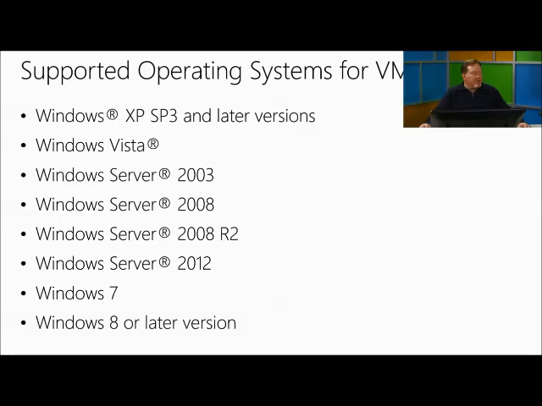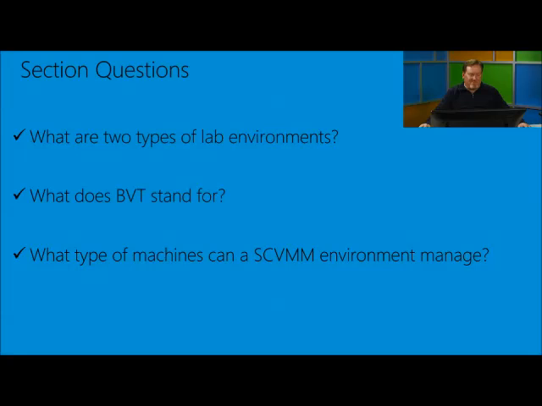We also have Windows Server 2003, 2008, 2008 R2, Windows Server 2012, Windows 7, and Windows 8 or a later version. That should say 8.1, shouldn't it? It should say 8.1 or a later version.